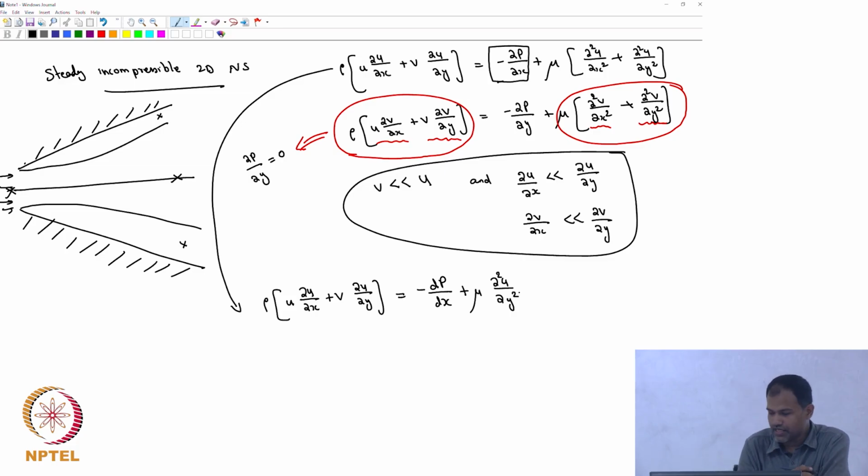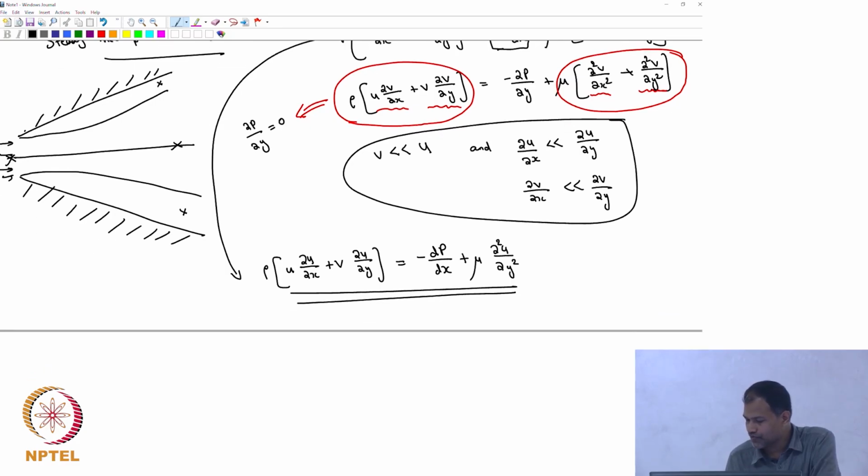And the only reason I want to write it down is because I want to write this equation on the surface of the wall. I want to simplify this on the wall. So what is u on the wall? 0. What is v on the wall? 0.